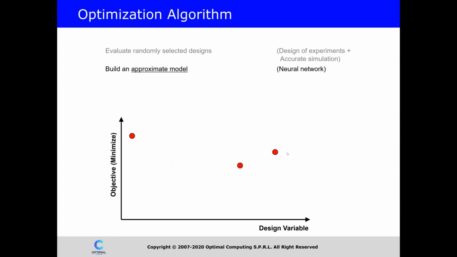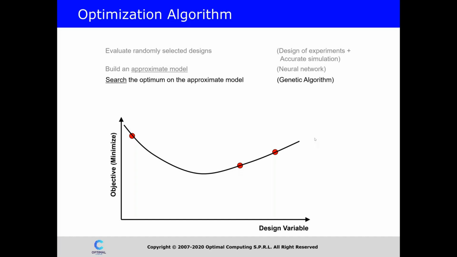When we have enough points using the design of experiments, we can build an approximate model using the neural network, and we have this relation. Then we use a genetic algorithm to search for the optimal value. And when we have the proposed optimal value, we use the accurate simulator in order to find the accurate answer, which might be this one.